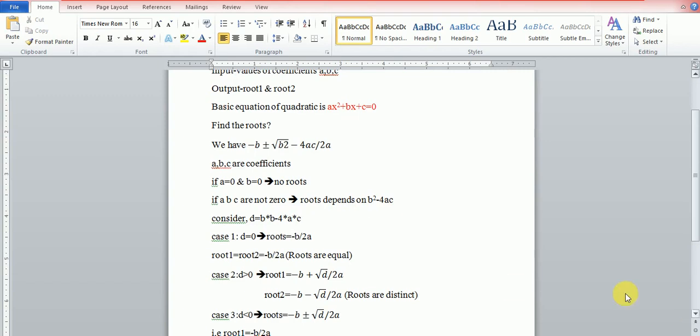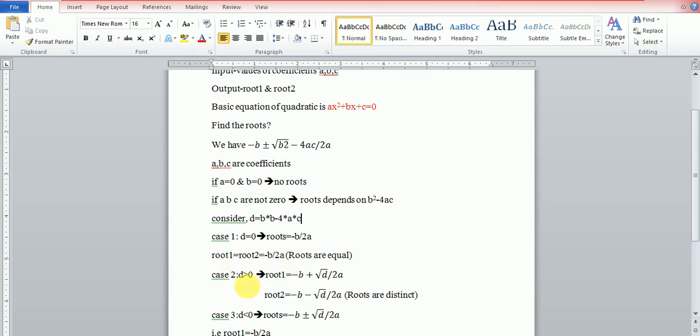In the first case, when d is equal to 0, that is when b square minus 4ac becomes 0, the root 1 and root 2 will be minus b divided by 2a, which means both the roots are equal.